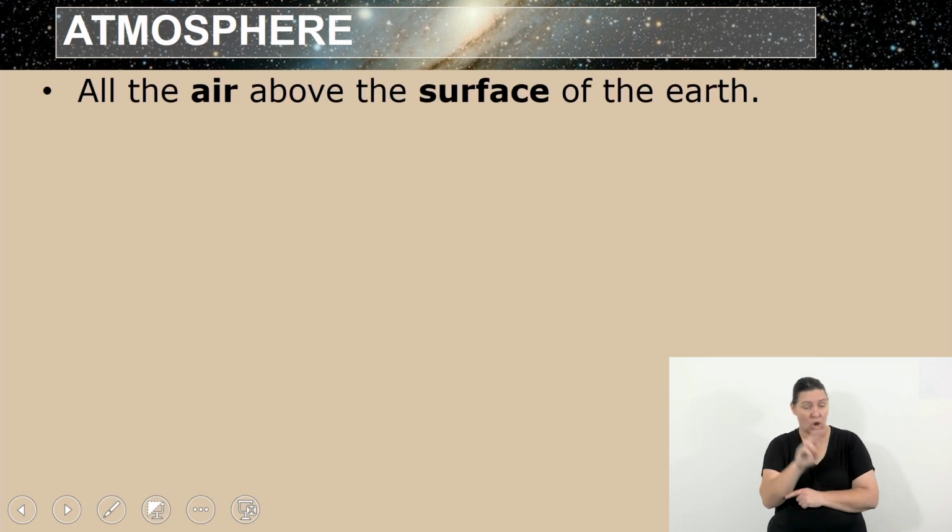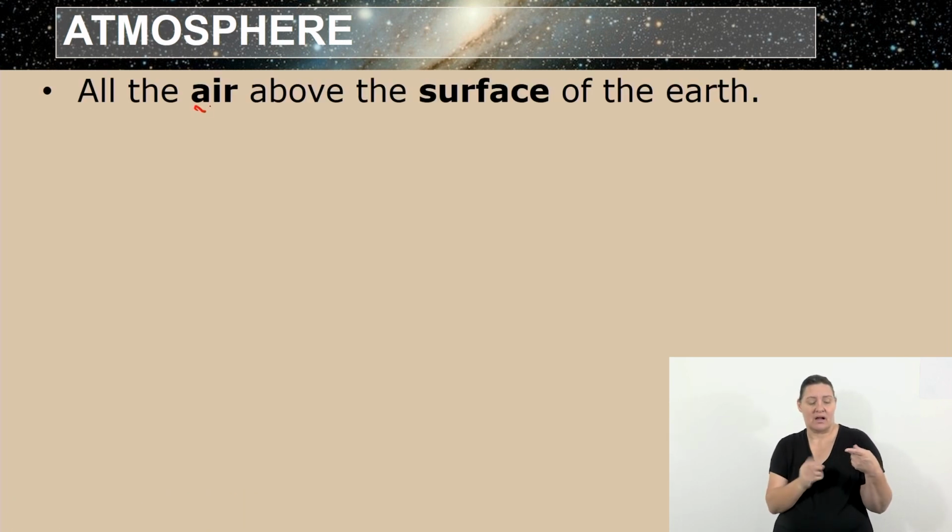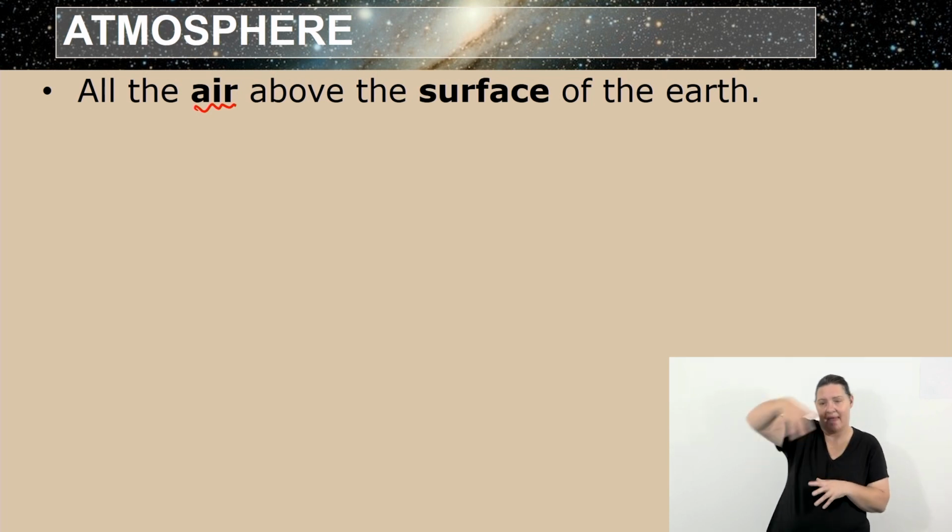So the first sphere we are going to look at is the atmosphere, okay? We said that it consists of all the air above the surface of the earth, and we've already mentioned that the air is a mixture of gases such as carbon dioxide, oxygen, water vapor, as well as nitrogen.